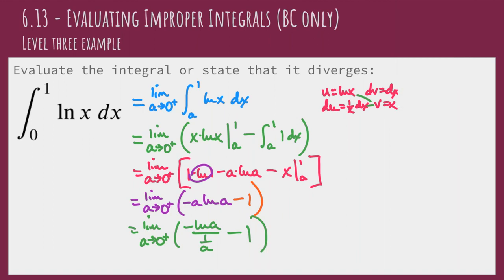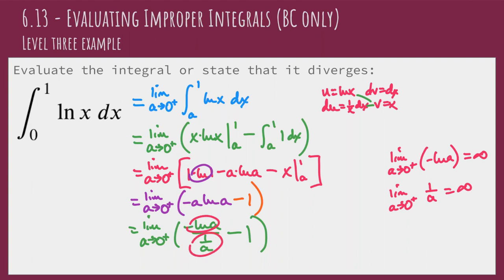So we're going to apply L'Hopital's rule. Technically, off to the side, we should write the limit as a approaches 0 from the right of negative natural log of a is going to be infinity. And the limit as a approaches 0 from the right of 1 over a is also infinity. So since we have infinity over infinity, we have an indeterminate form where L'Hopital's rule applies. So limit as a approaches 0 from the right of the derivative of natural log of a is going to be 1 over a, so negative 1 over a.